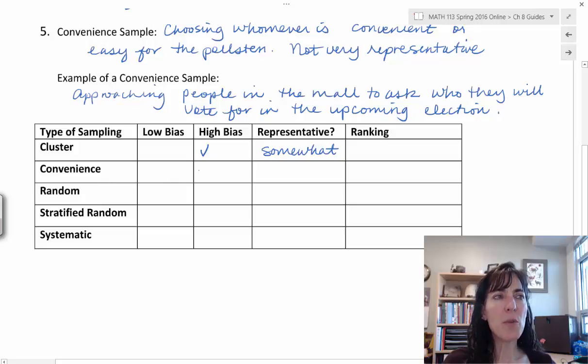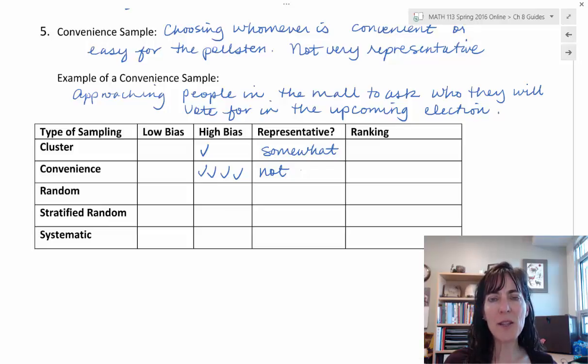A convenience sample has extremely high bias and it is not representative. And there are a couple of reasons. One is because a convenience sample is not giving everyone an equal chance of participating, and number two, because the people who are asked to answer the survey are essentially chosen by a human.